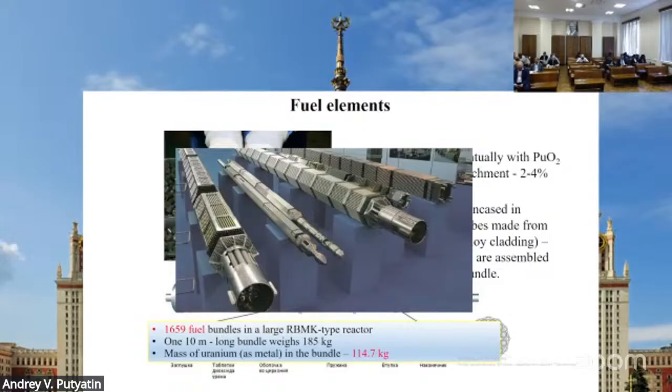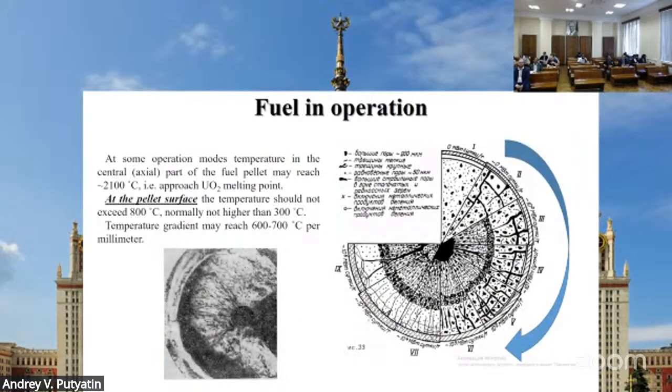And just to get some feeling for the amount of fuel, for example, in a large modern reactor, you can have up to 1,700 fuel bundles in a large RBMK-type reactor. And in total, it results in approximately 200 tons of uranium as metal in the core.